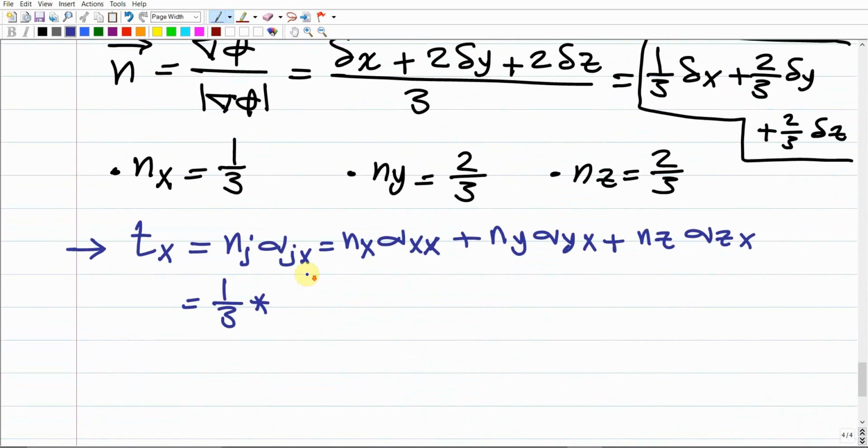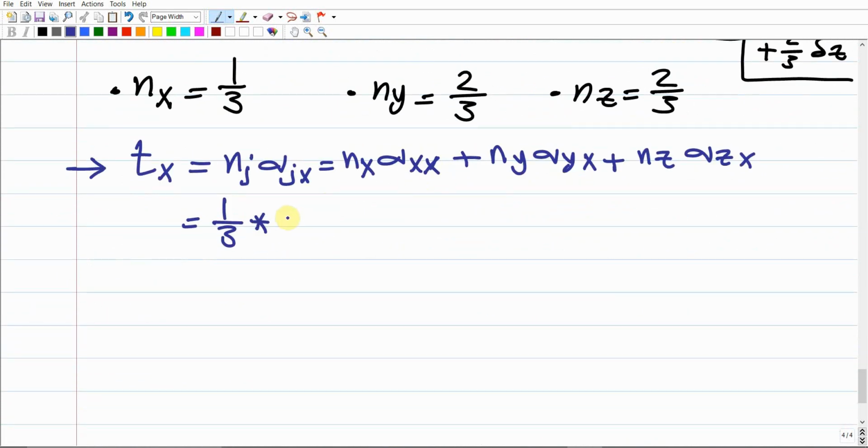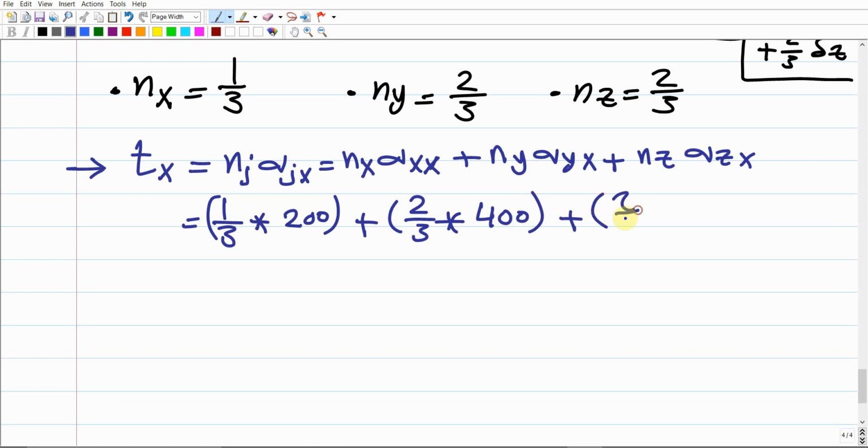So this sigma xx is already 200 plus the ny, we got it as 2/3 times the sigma yx that is already up there as 400, plus the 2/3, which is nz, times 300, which is sigma zx. Then you're going to do the calculation, you're going to end up with a specific value for this component as Tx.